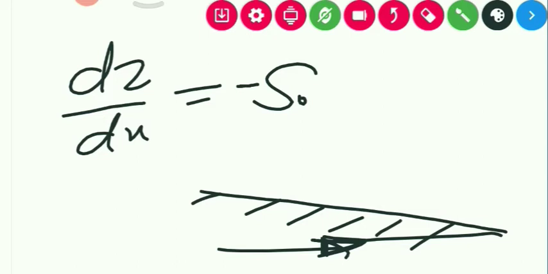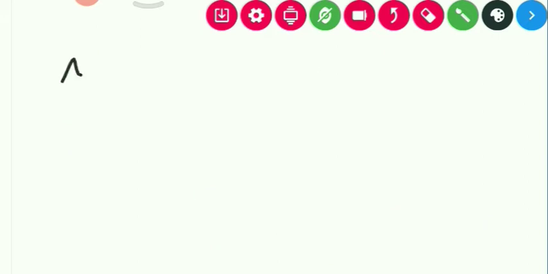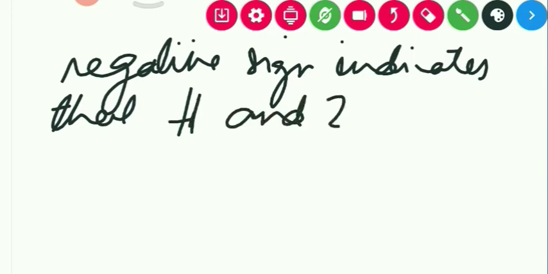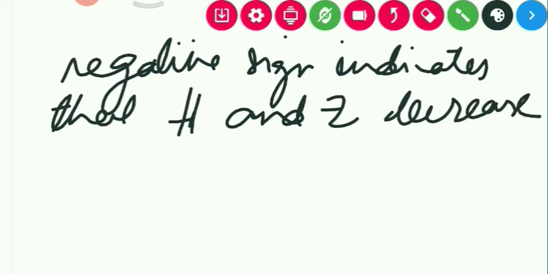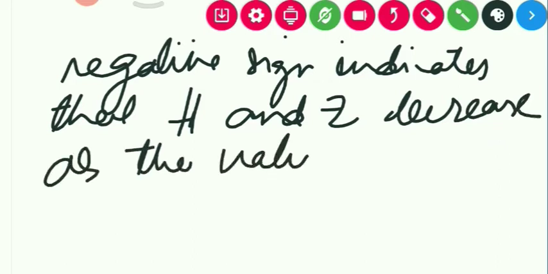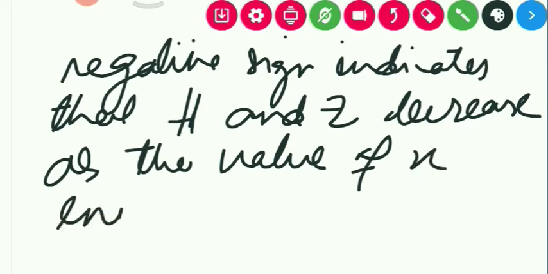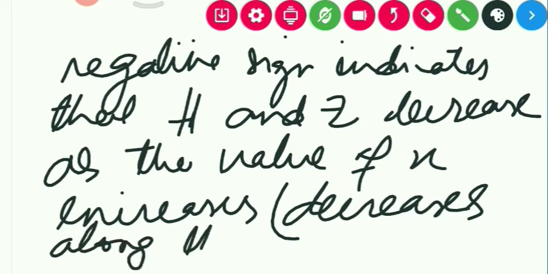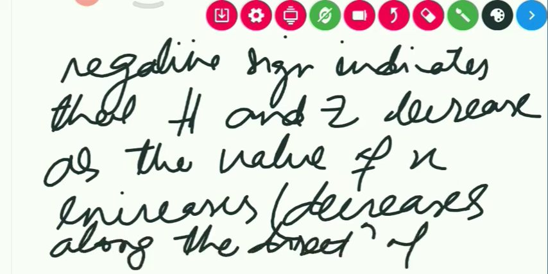Okay, this negative sign indicates that total energy and datum surface decrease as the value of x increases. Okay, or it may be said that it decreases along the direction of flow.